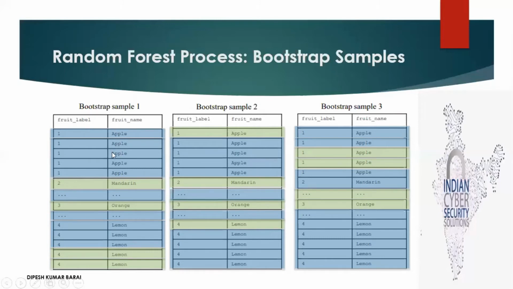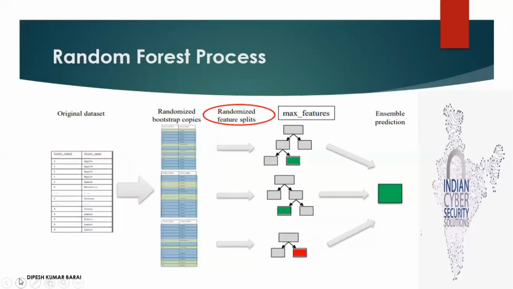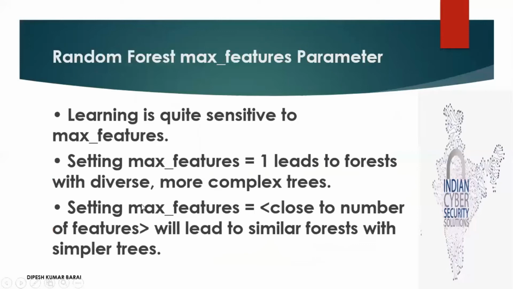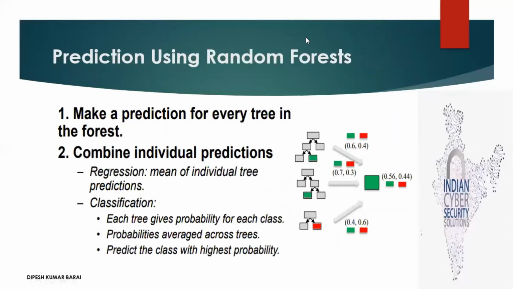The second decision tree is predicting yes with 0.7 and no with 0.5, and the last decision tree is predicting yes with 0.4 and no with 0.6.